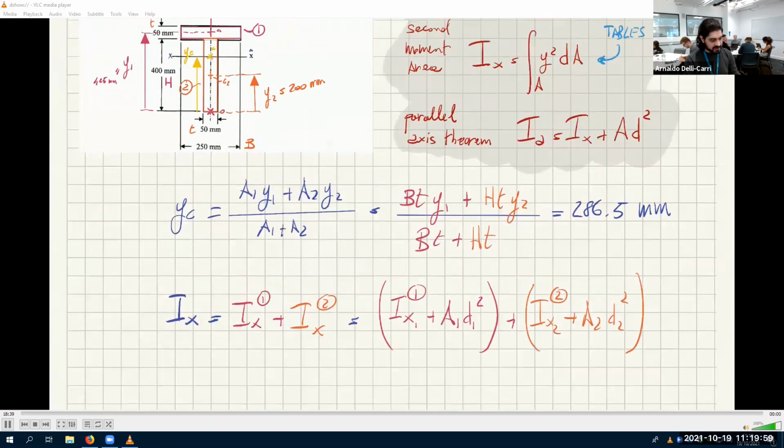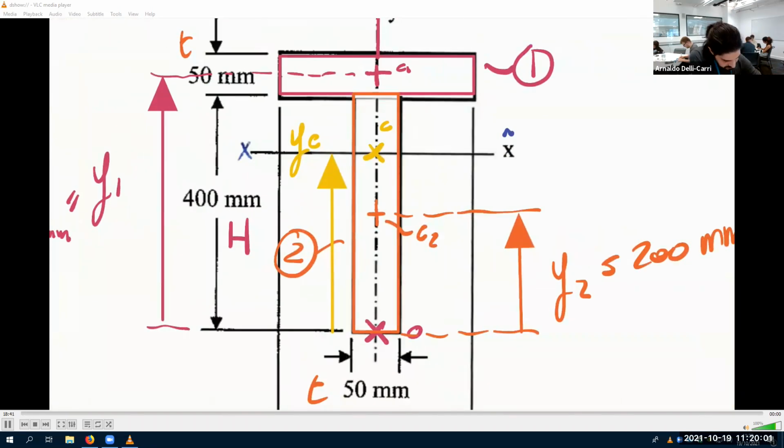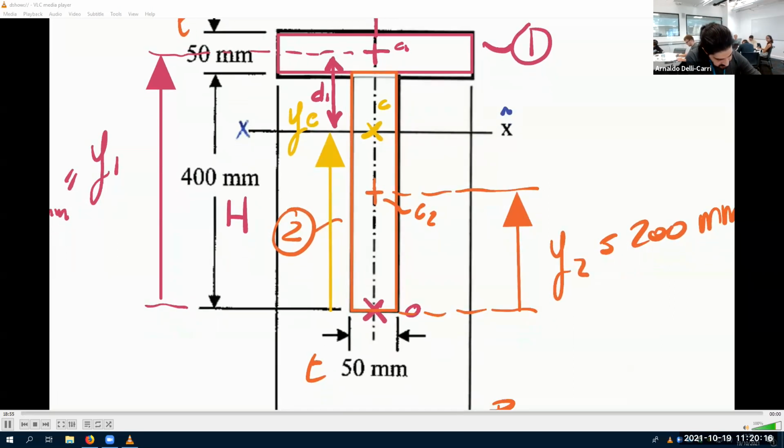Distance 1 is this distance. D1 is the distance between these two centroids. This is D1. And distance 2 is just this distance here.